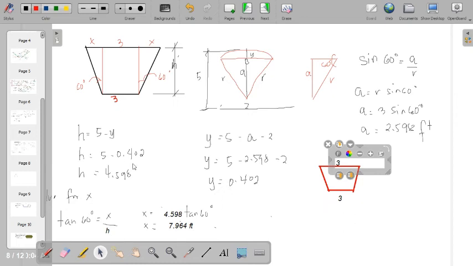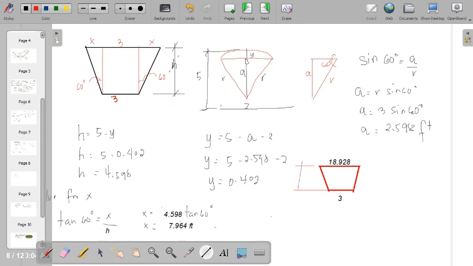So, 7.964, ita-times 2 natin plus yung 3, that is 18.928. Okay. And of course, our height is 4.598.